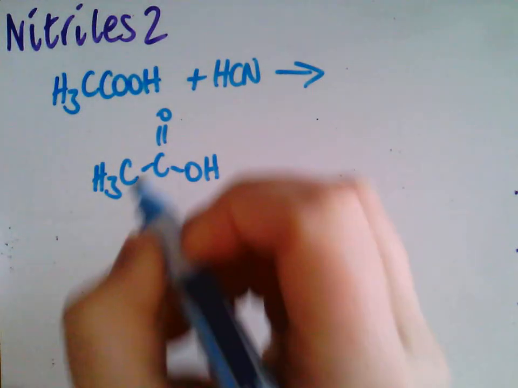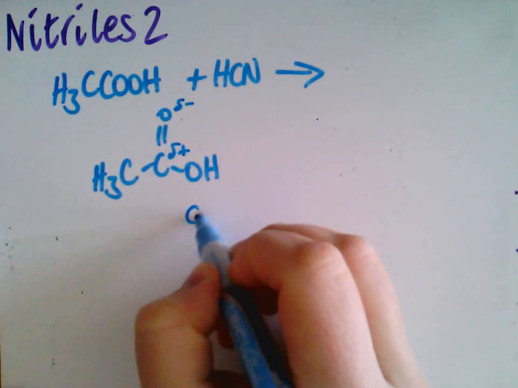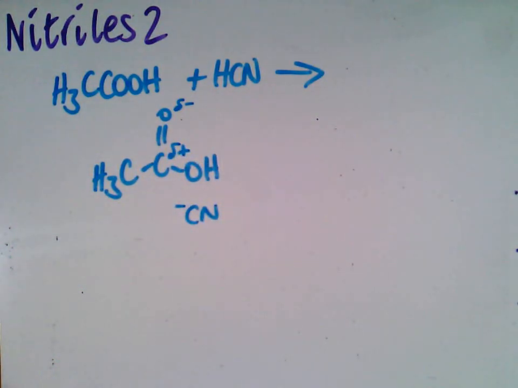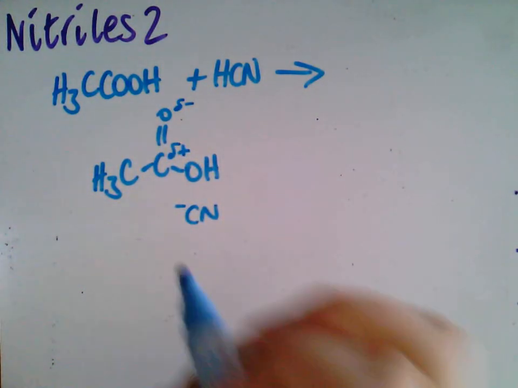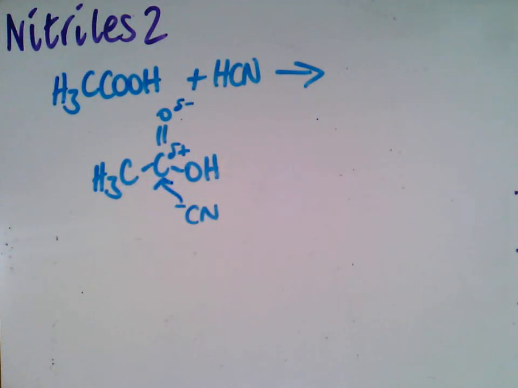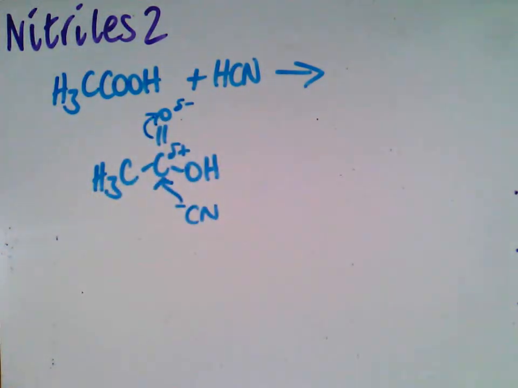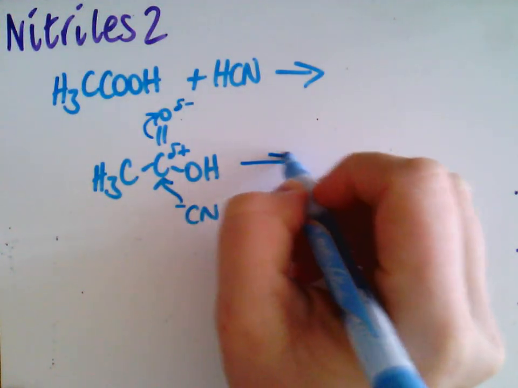So let's put the dipole onto this molecule first of all. Then I'm going to include my cyanide ion with my negative charge, set that up to make this nice and easy. Arrow from the negative charge on my cyanide to the carbon, and an arrow to show the movement of electrons from that double bond onto the oxygen.